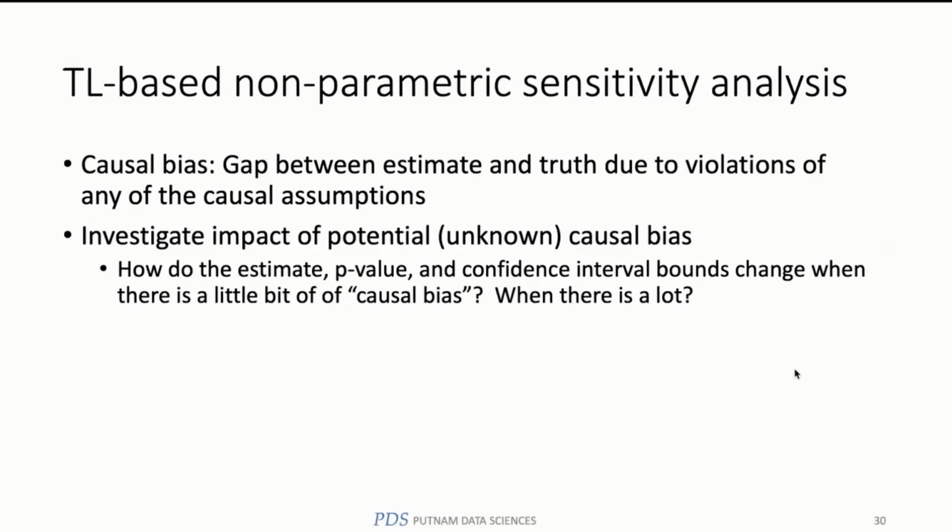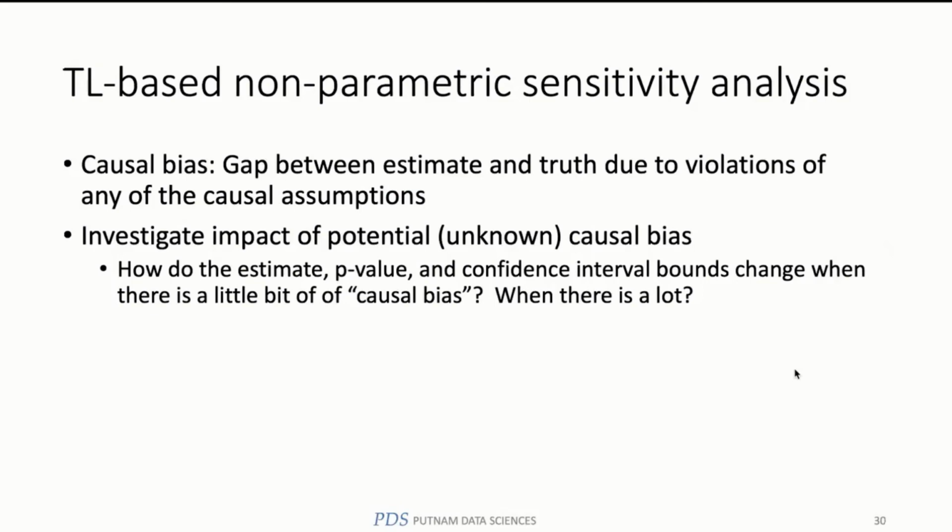But you can think, what would the impact be? Suppose it was large, suppose it was small. Then how would the estimate change? How would the p-value change? And how would my bounds on my confidence interval change in response to smaller amounts of causal bias, a residual bias, because we had a positivity violation, because we ignored that consistency assumption, or, most likely in these randomized trials, because of maybe unmeasured confounding due to time varying covariates that you didn't capture completely.